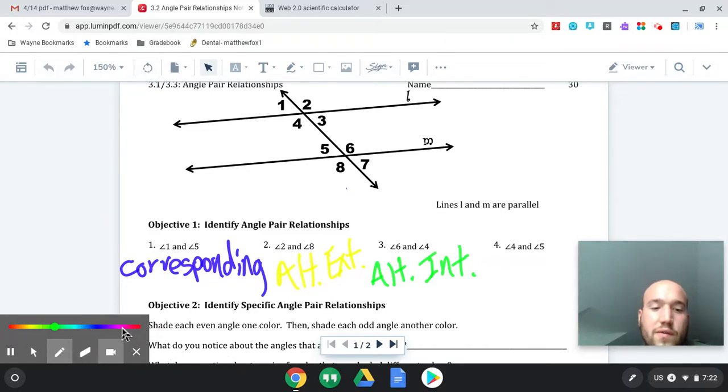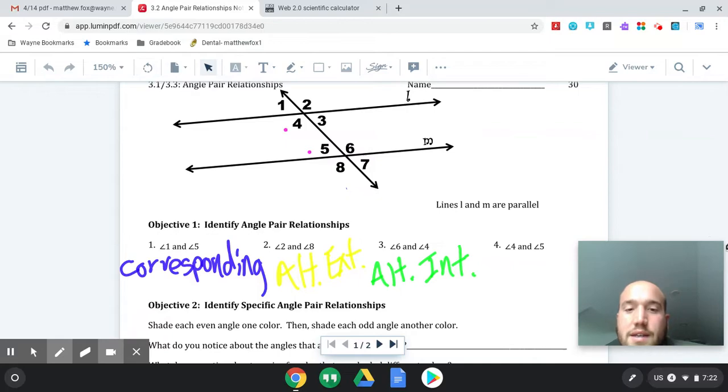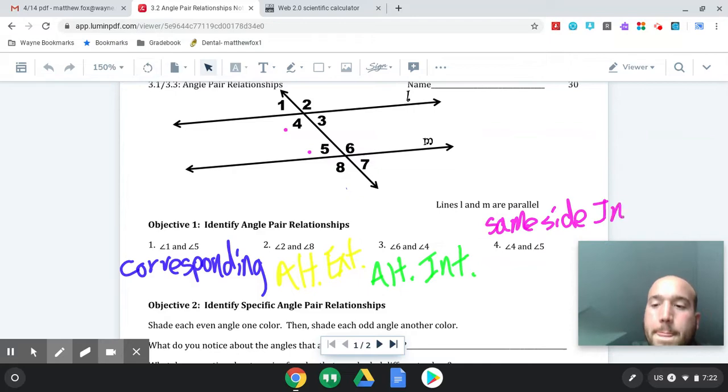So 4 and 5 right here, and there are two acceptable answers, either same side interior or consecutive interior. I don't care which one you do. So same side interior, or you could have put consecutive interior.